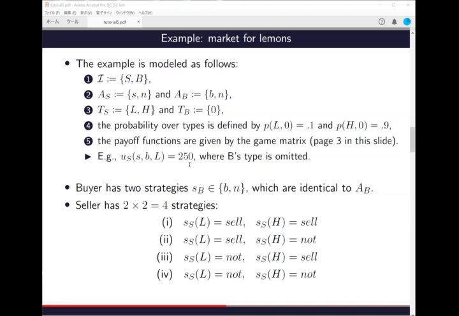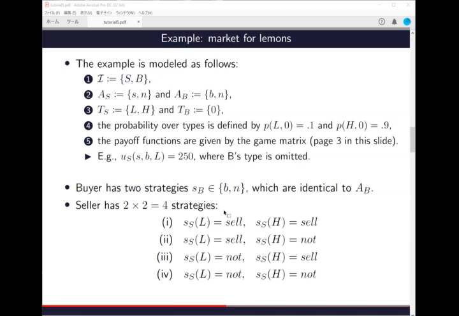Note here that the buyer type is omitted because there is only one type of buyer. Here, the buyer has two strategies denoted by S_B, which is identical to the set of buyer's actions. On the other hand, the seller has 4 strategies because each type of the seller has 2 strategies. Okay, so 2 times 2 equals 4 strategies.